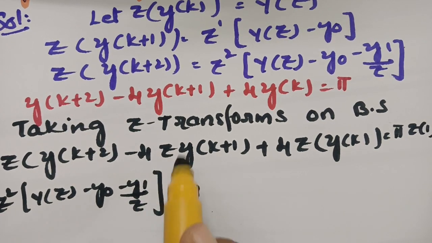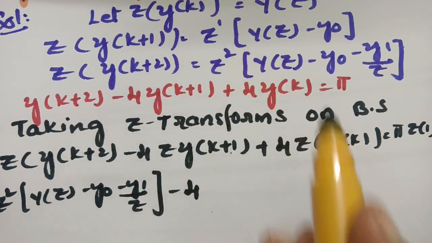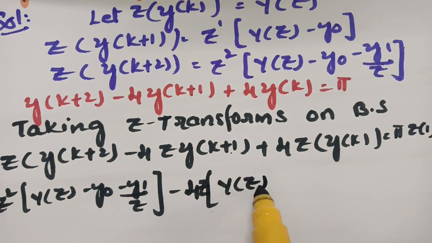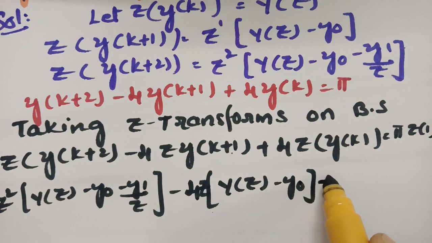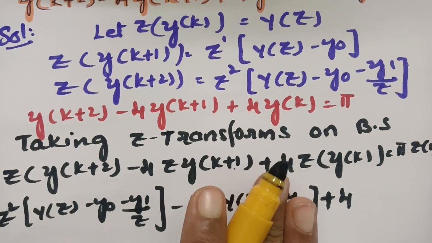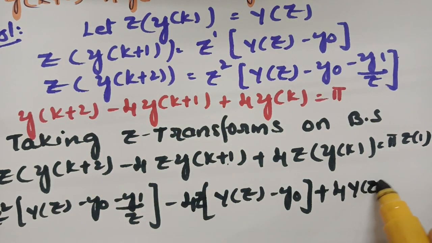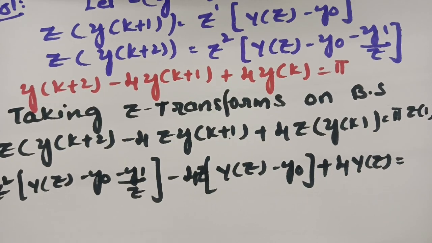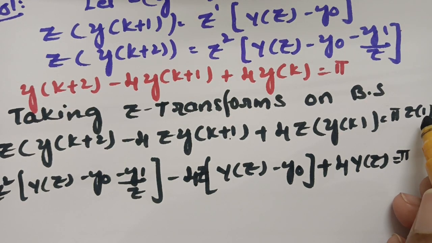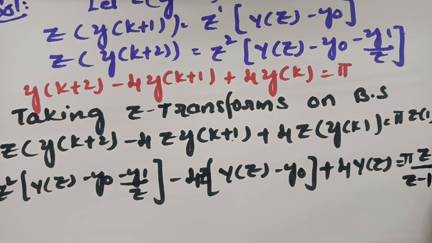Minus 4 times the Z transform of y(k+1), which can be written as z times Y(z) minus y0, plus 4 times the Z transform of y(k), which is capital Y(z), equal to π times the Z transform of 1. The Z transform of 1 can be written as z by z minus 1.